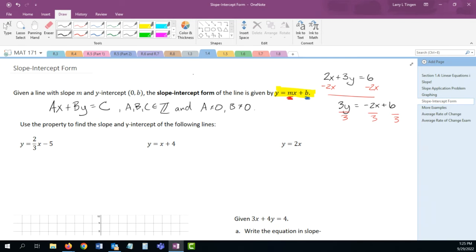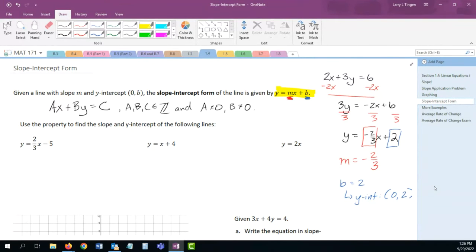Why would I want to do that? Because once y is by itself, negative 2/3 x plus 2, from this equation, the slope is right there. It's negative 2/3. And then b is 2, which means that the y-intercept is the point (0, 2).